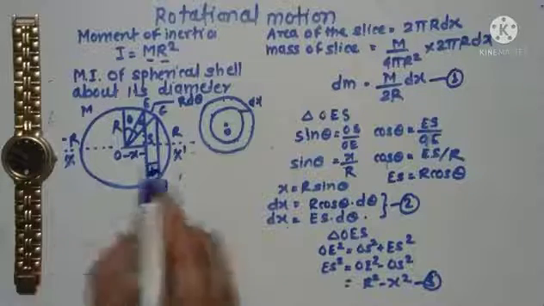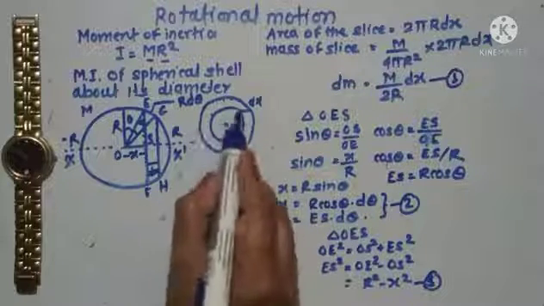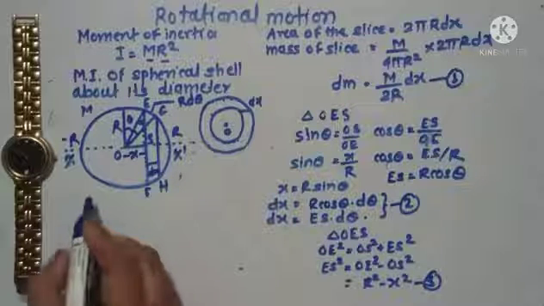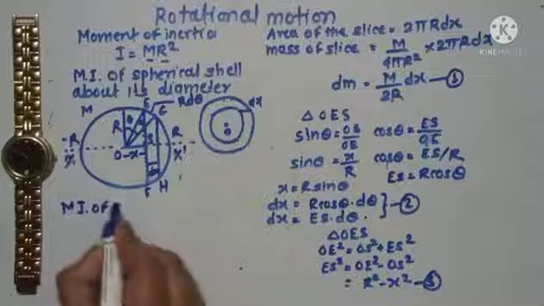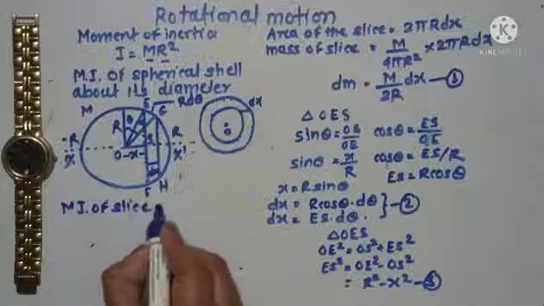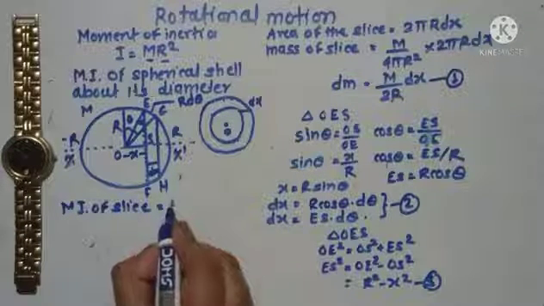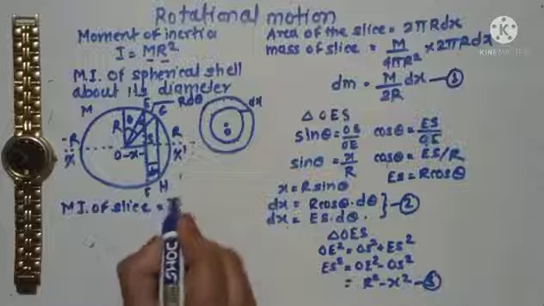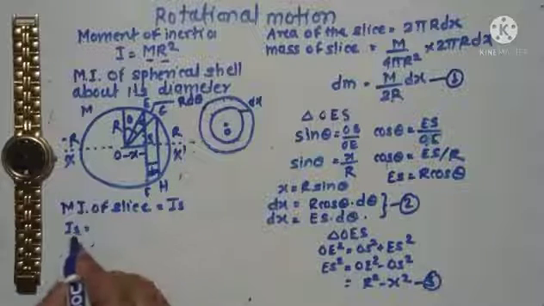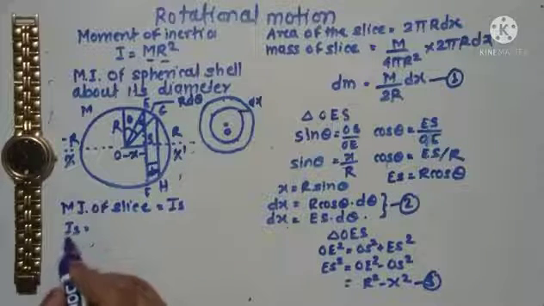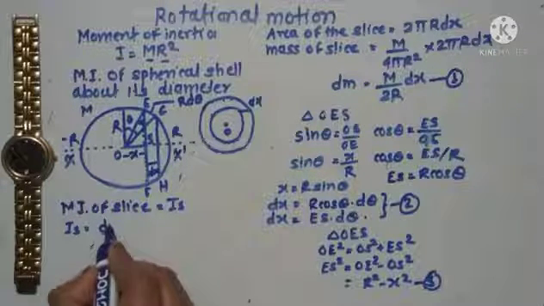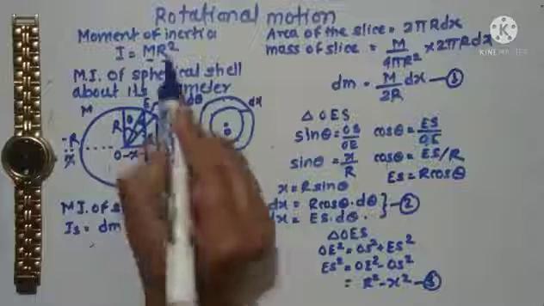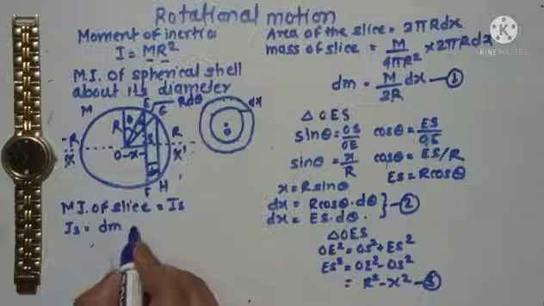Now the moment of inertia of this thin slice about the axis O dash is given by the moment of inertia of a slice, so let us call it dI. The moment of inertia of this slice about the axis of rotation O dash is given by the mass of the slice multiplied by the square of the distance from the axis of rotation.